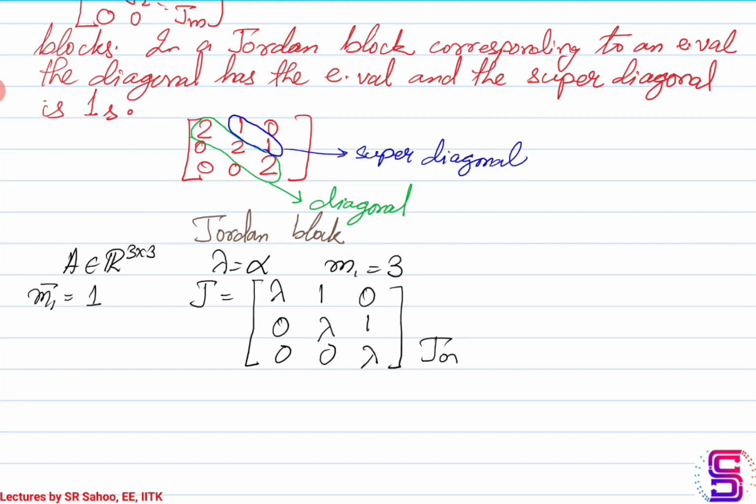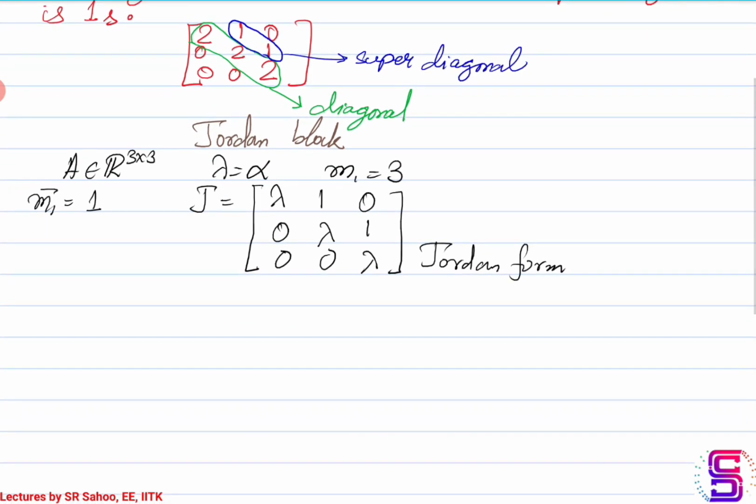This is the Jordan form. Now this Jordan form has only one Jordan block, which is the entire matrix itself. Now let's look at the case when the geometric multiplicity M1 bar is 2.